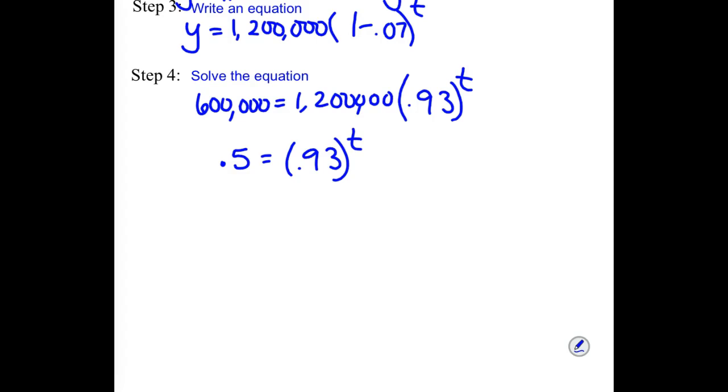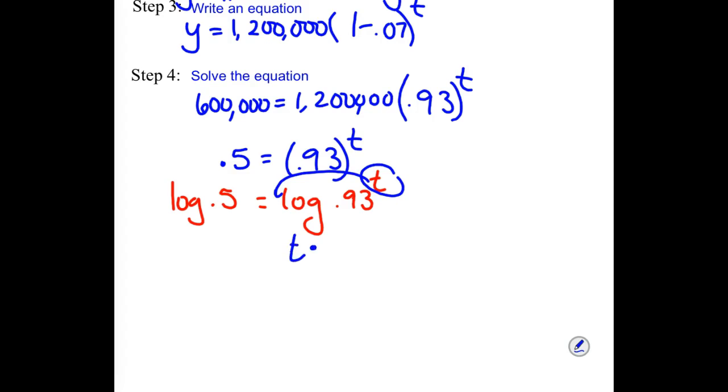Okay. Now I can take the log of both sides. I'm going to move my power to the front. So I have T times the log of 0.93 equals the log of 0.5, or 1/2.